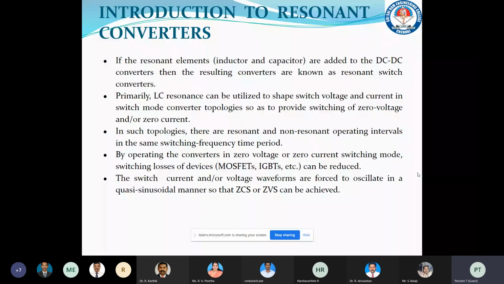Since all our DC to DC converters are operated at high frequency, there will be more switching loss.